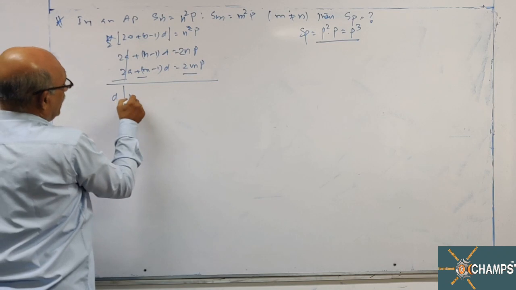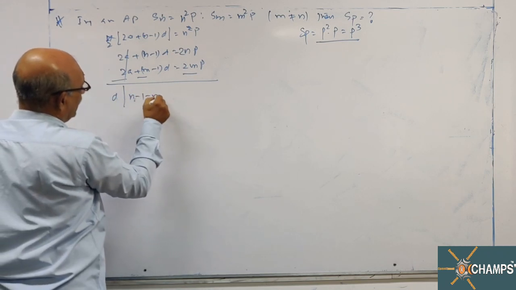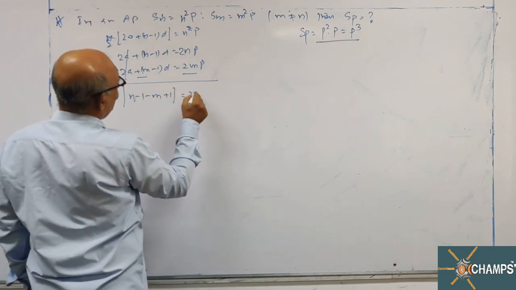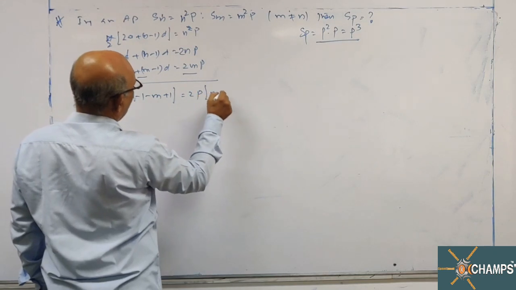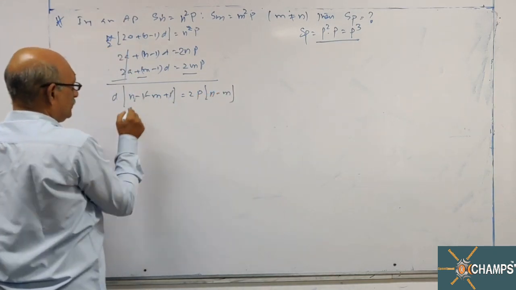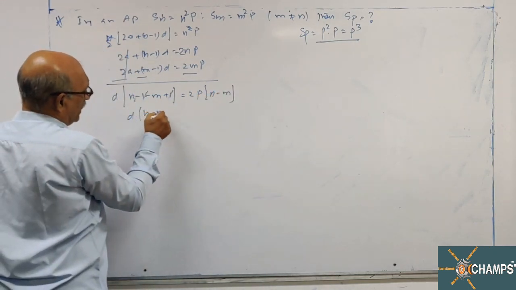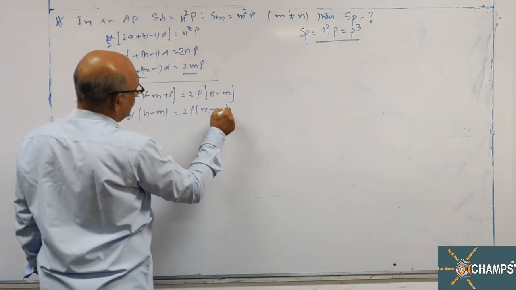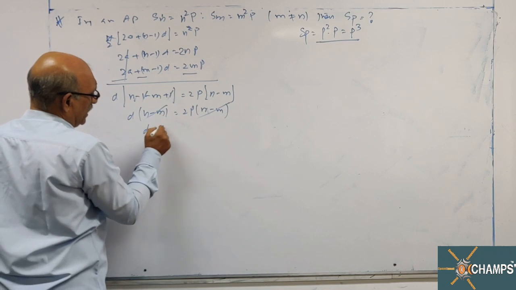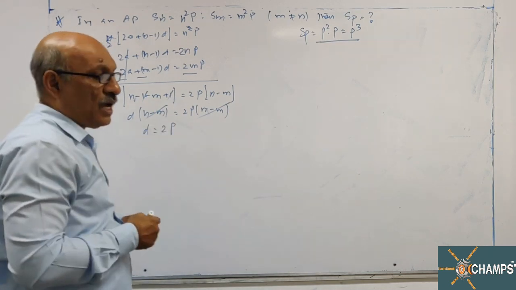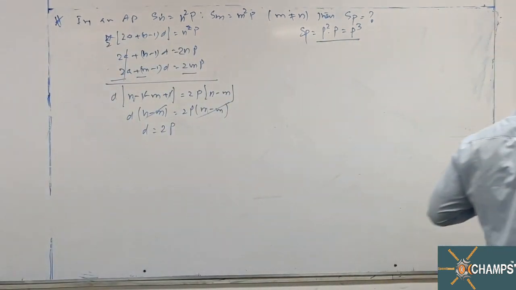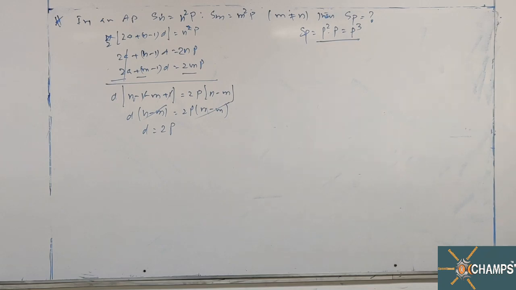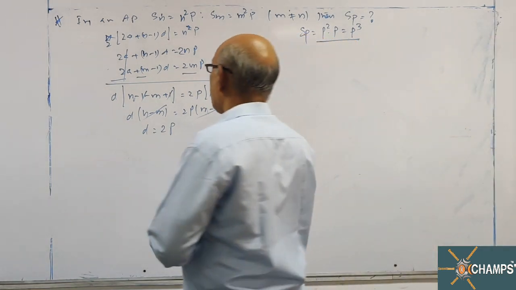Cancel. d into n minus 1 minus m plus 1 is 2p, if I take common n minus m. d into n minus m is equal to 2p into n minus m. Cancel. d is equal to 2p. Common difference value is obtained.